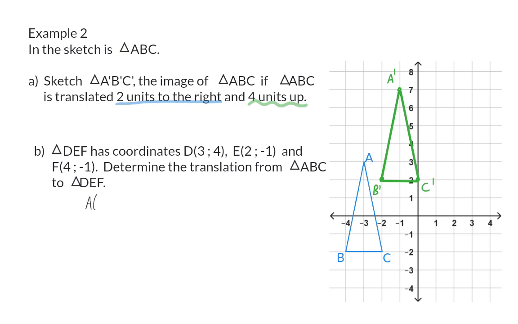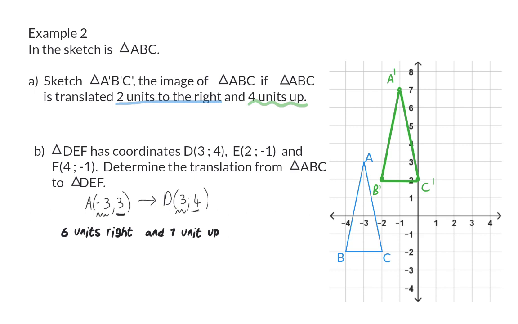Our starting coordinate A is (-3, 3), and this translates to form D at (3, 4). The x changes from -3 to 3, and that is 6 units to the right. The y value changes from 3 to 4, and that is 1 unit up.